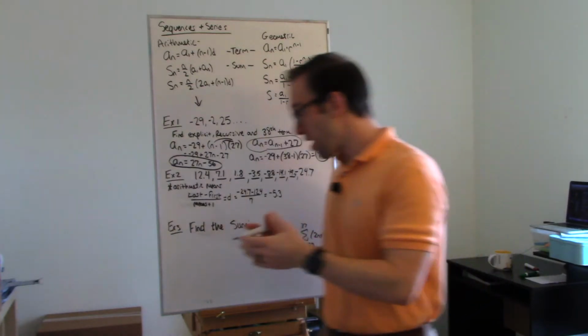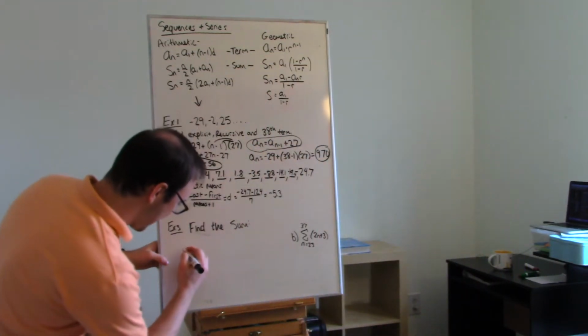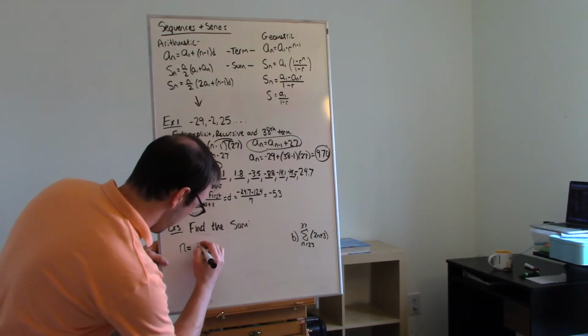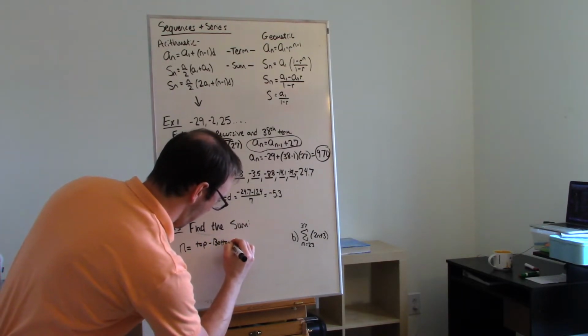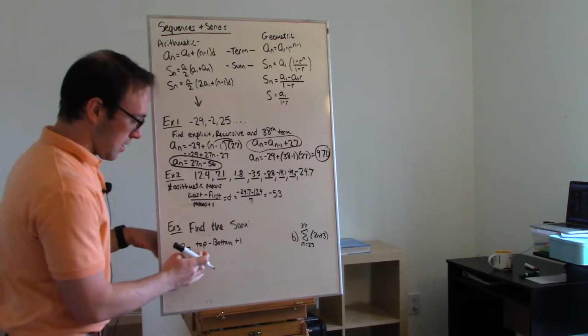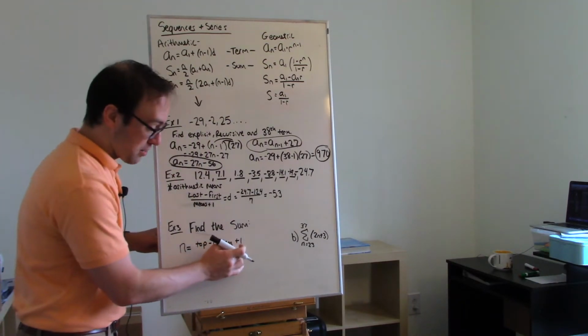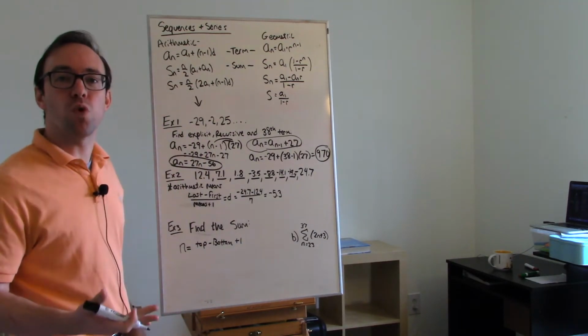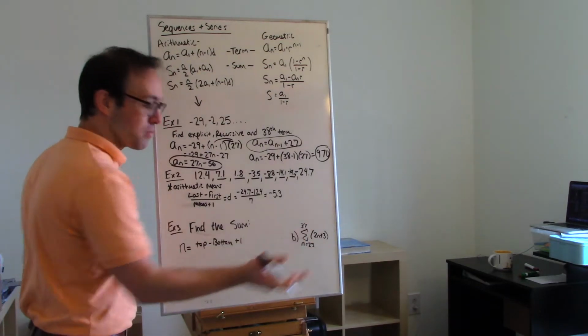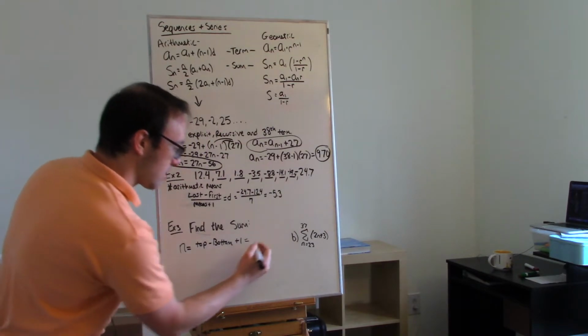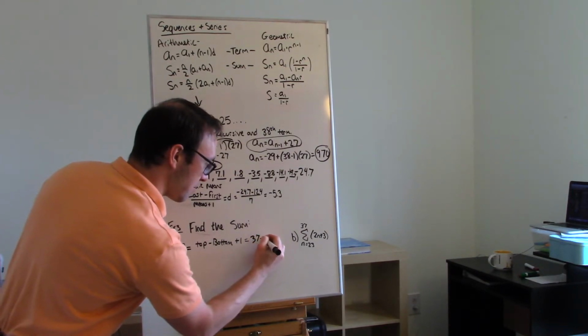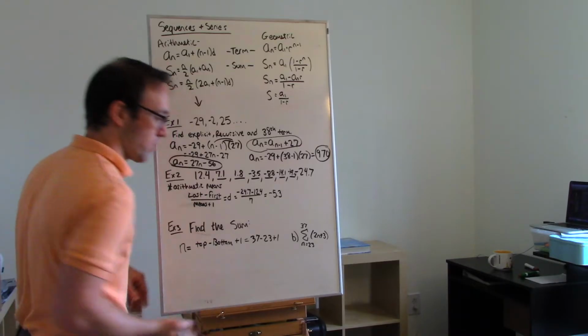So to figure this problem out, we start with finding the n. We can take the top and subtract the bottom, but we must always add 1 when using problems with summation symbols. So 37 minus 23 plus 1.